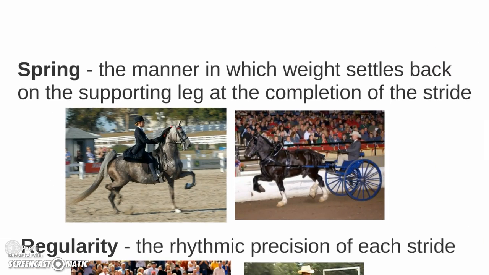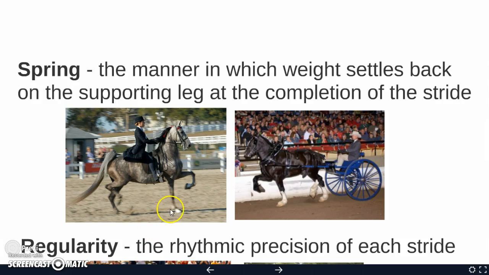Spring: the manner in which weight settles back on the supporting leg at the completion of the stride. It's clearly demonstrated here by this saddlebred and draft horse both at the trot, where you can see the angle of their pastern and fetlock of the supporting leg as it recoils down as they lift their other leg.